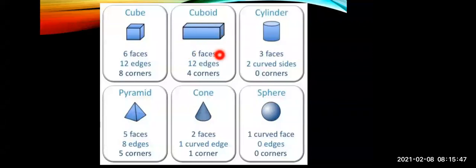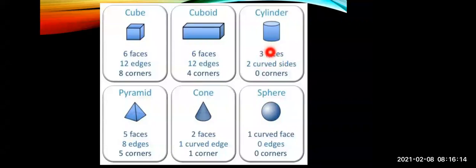In a cuboid, we had 6 faces, 12 edges and 4 corners. Then in a cylinder, we had 3 faces, the upper and the lower and the curved surface. Then 2 curved sides. Sides means the edges. This and this one, these are 2 edges. And 0 corners means 0 vertices.